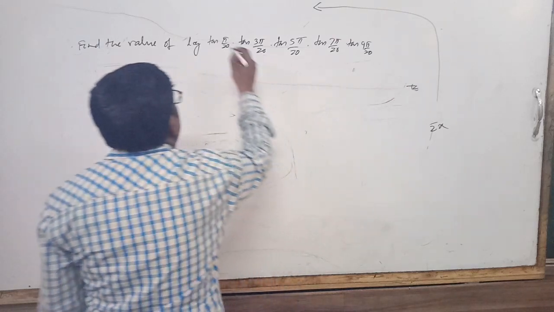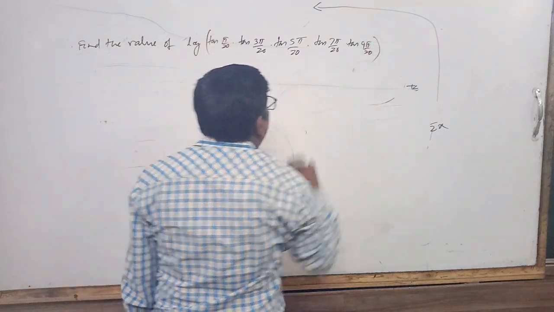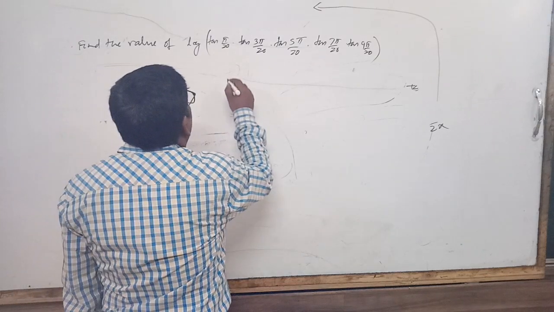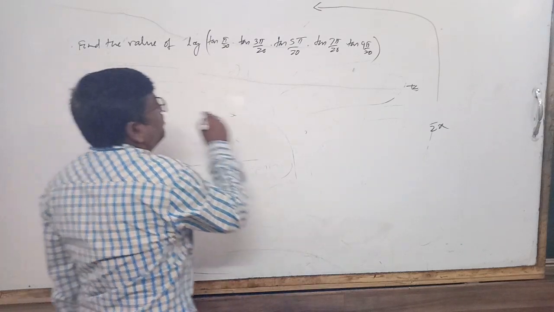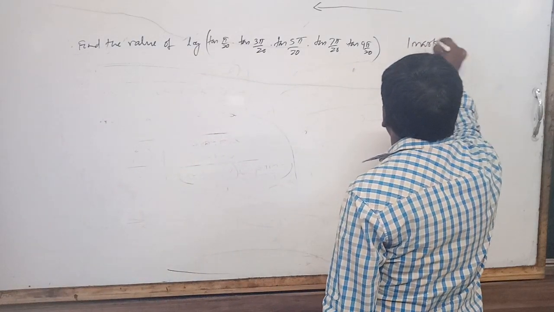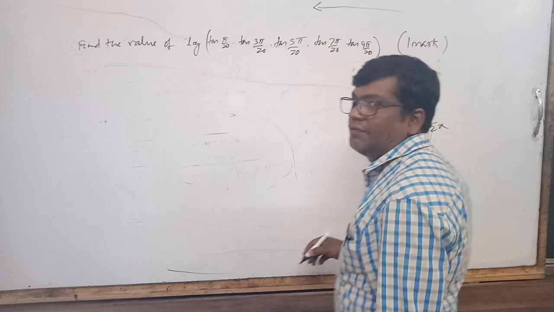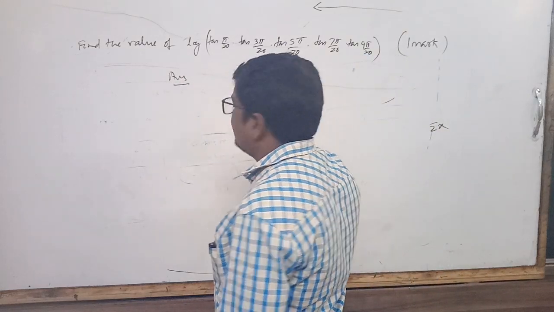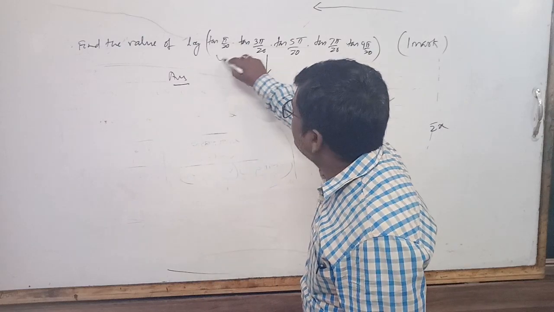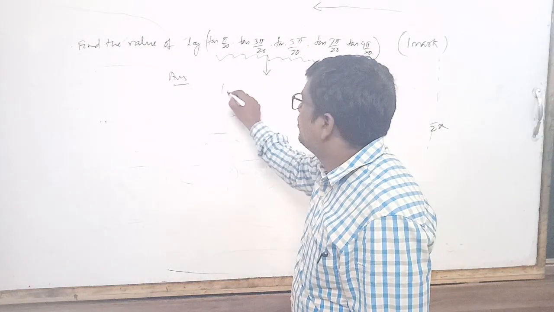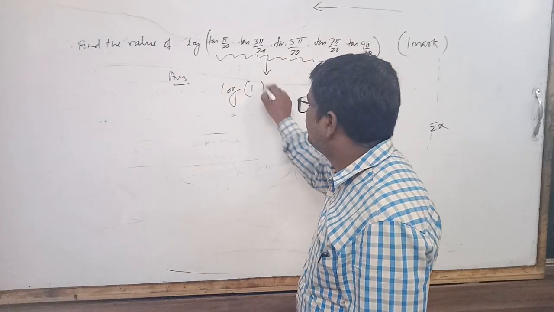Find the value of this. Solution. This is 1 mark. Answer. What is the value of this? The product is 1, so the value of log 1.